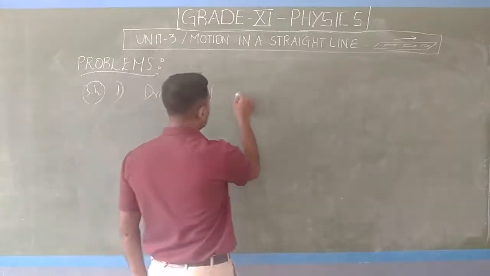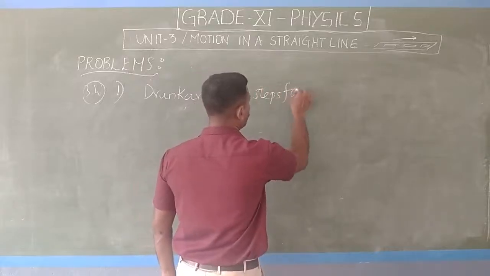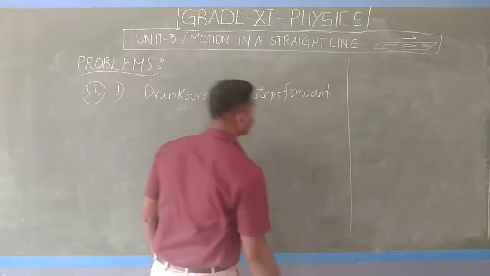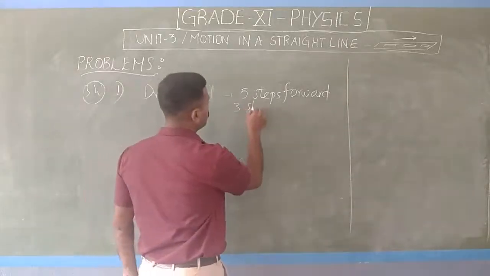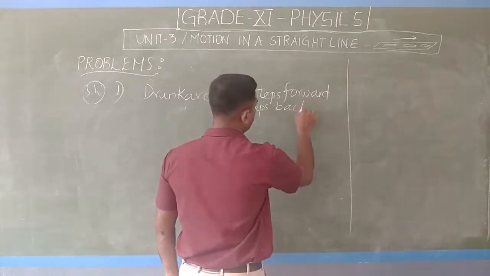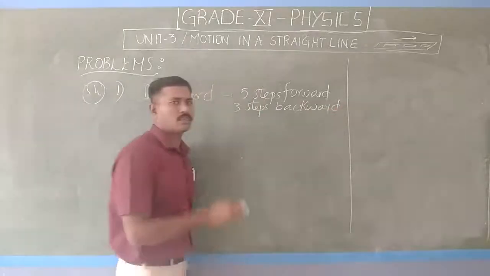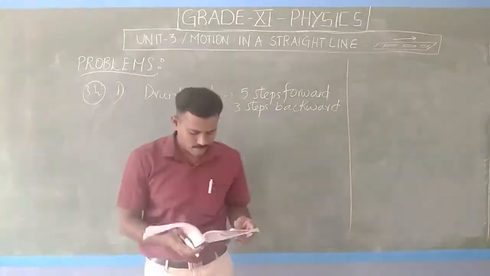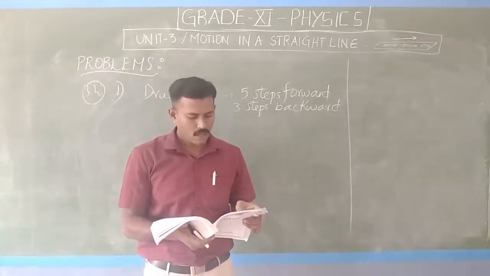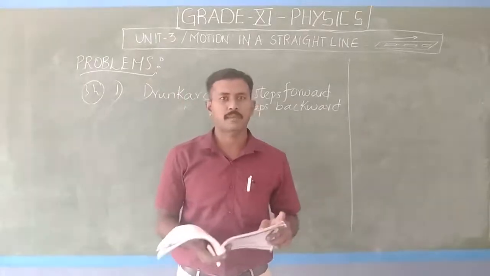So the drunkard takes 5 steps forward and 3 steps backward. This is the way the drunkard moves, followed again by 5 steps forward and 3 steps backward.